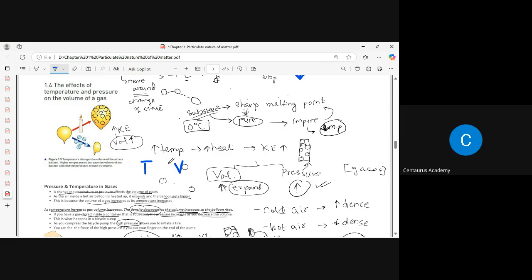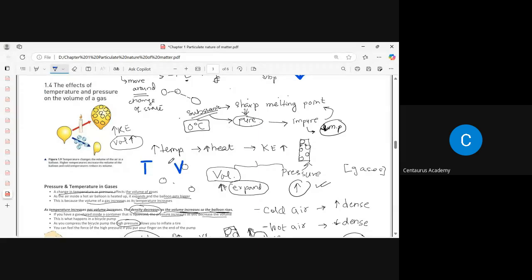Yes, good. Can you correlate this with the kinetic particle theory? When temperature decreases, the particles lose kinetic energy, so they move less, they collide less, and then the balloon shrinks. Yes, very good, and similarly, vice versa.